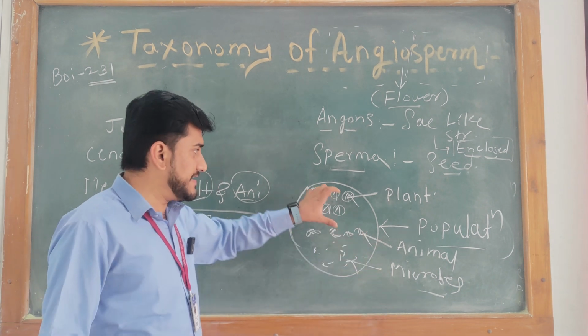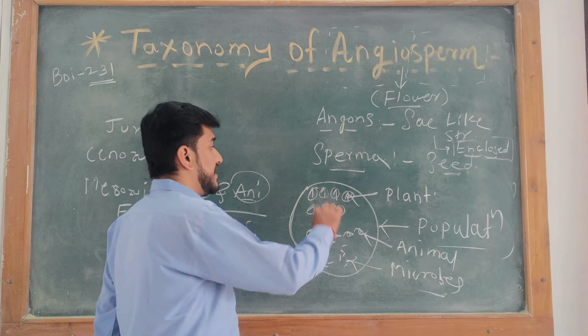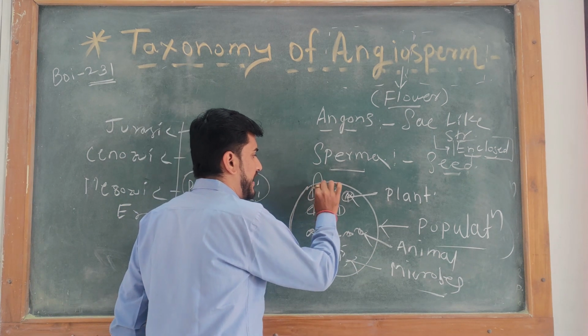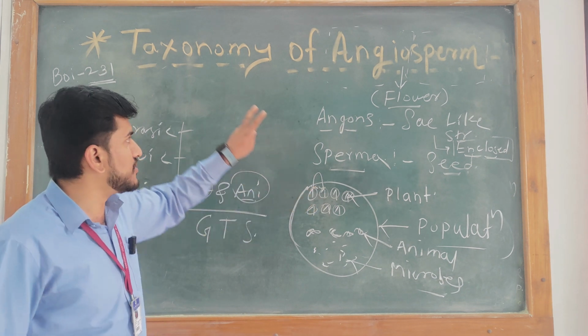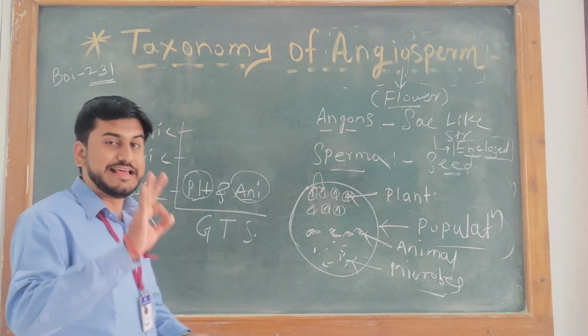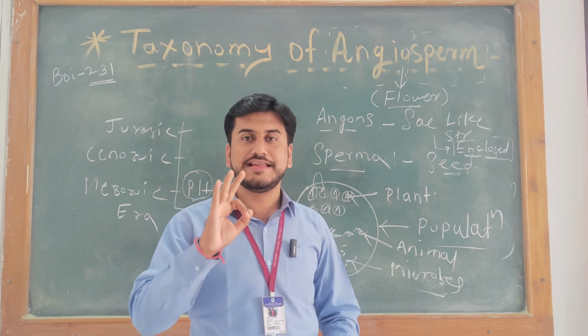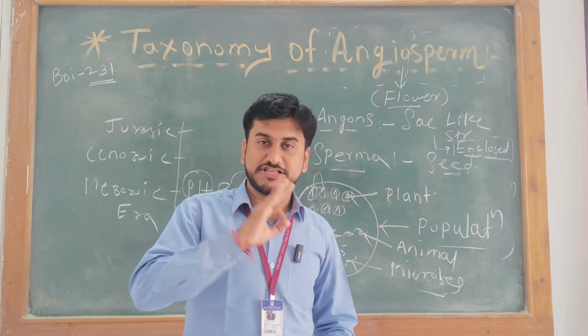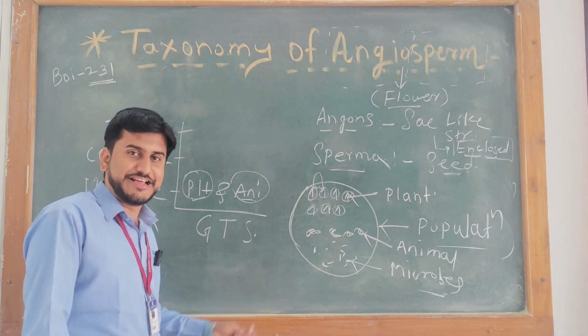We are interested in plants, so we study plants, and between two plants, the taxonomical aspects, three criteria or three parameters, are utilized for taxonomy, and these are the most important concept. This is the introductory lecture.